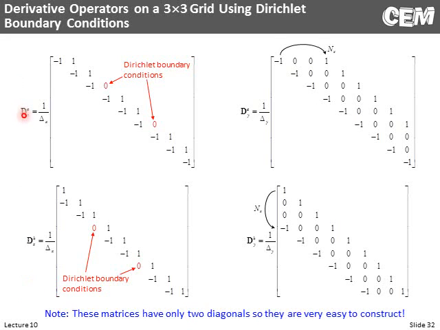The D is derivative, the subscript is the direction we're taking the derivative, and the superscript E means we're taking derivatives of electric fields, and with the H superscript we're taking derivatives of the magnetic fields. Just like before, these matrices are almost all zeros, so we're going to store them as sparse, and we'll get into how to do that.